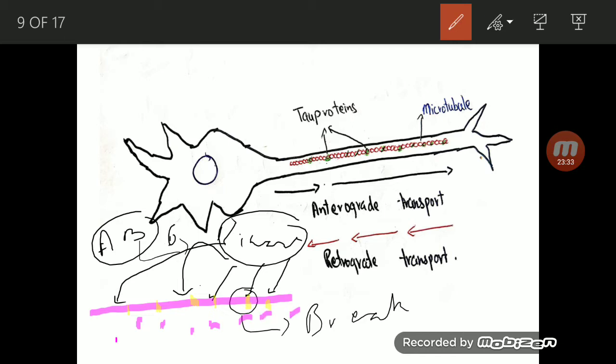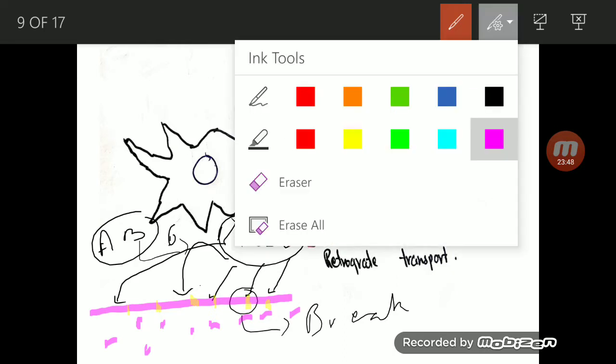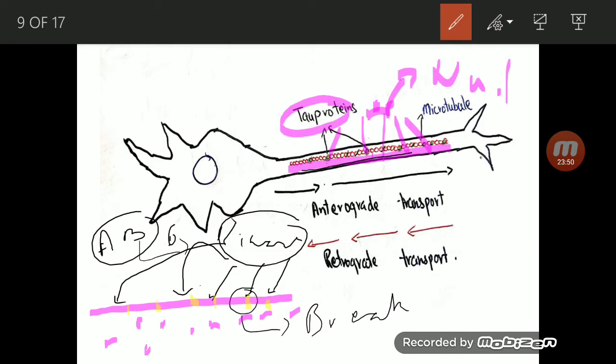So first and foremost there is aggregation of tau proteins. After they come out, they aggregate, forming neurofibrillary tangles, and side by side your highway through which your signals were being conducted also gets disrupted.